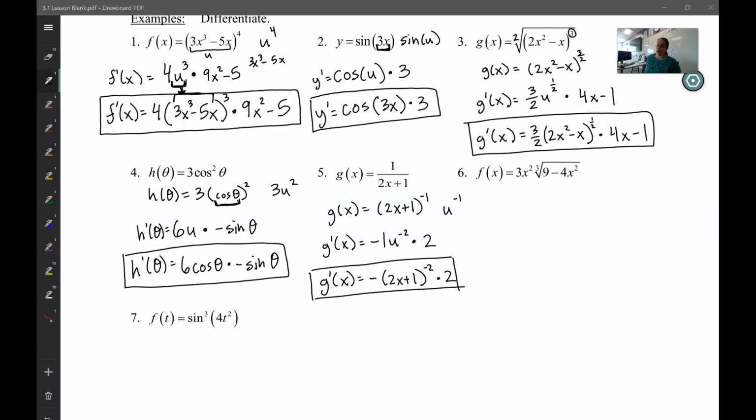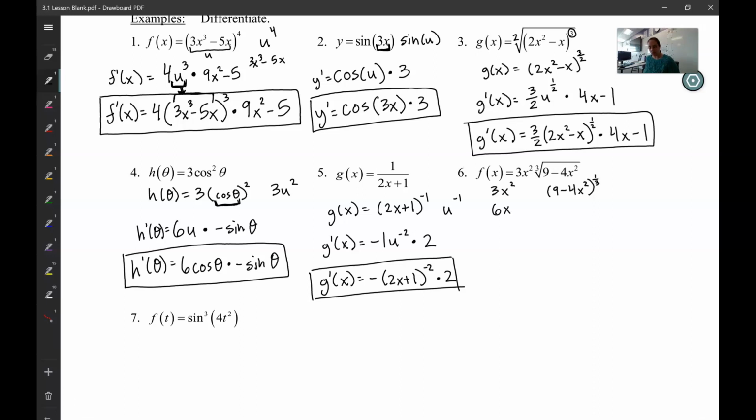Number 6 gets a little trickier because number 6 is a chain rule inside a product rule. So we're going to have a product rule here. First one, and I'm going to rewrite this as 1/3. Take that cube root, turn it into a fractional exponent. And I have the first times the second, so I'm going to take the derivative of both of these.